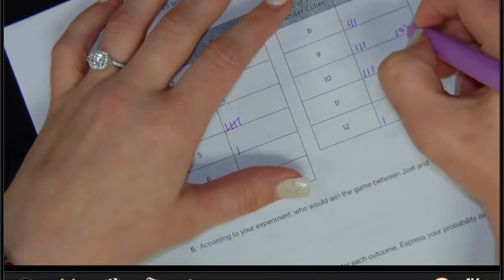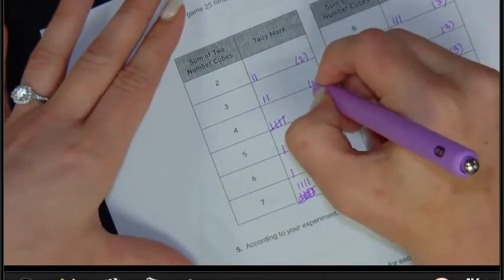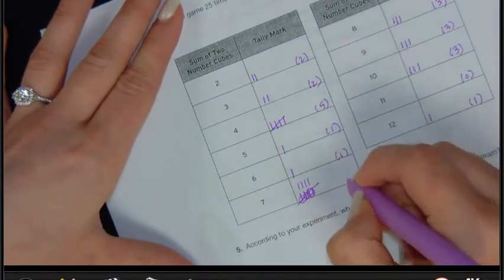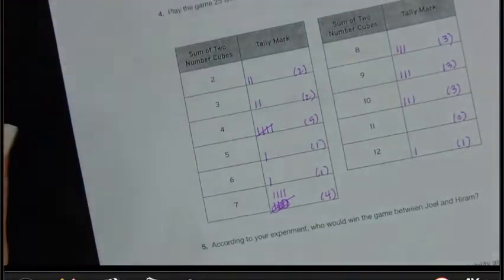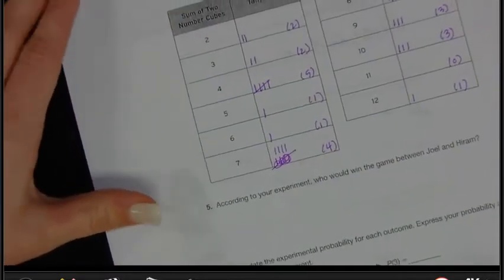Now, not all of your options are going to have something in them. It's just all how the dice rolls. Based off of my game here, like I said, your numbers are going to be different. So for the next few questions, your answers will be based off of your experiment.